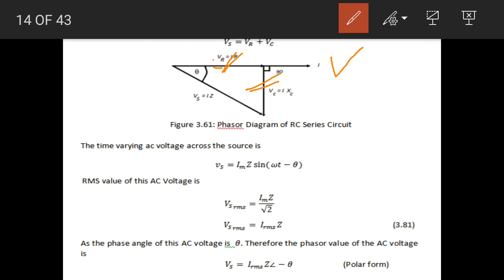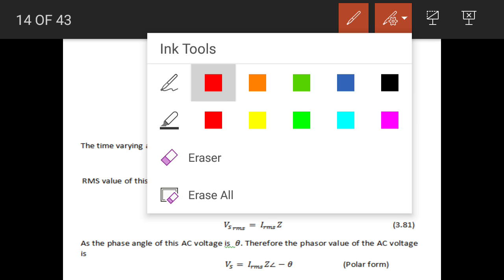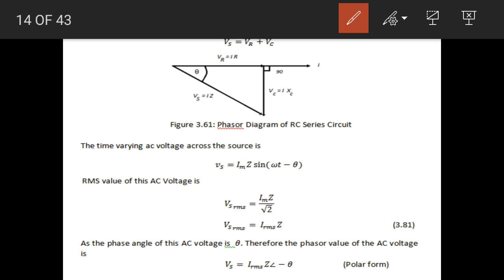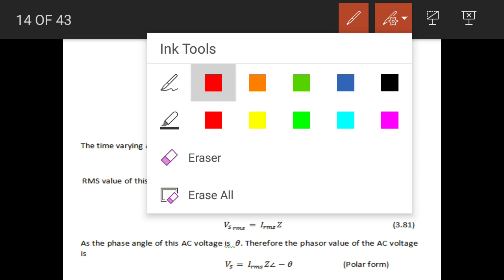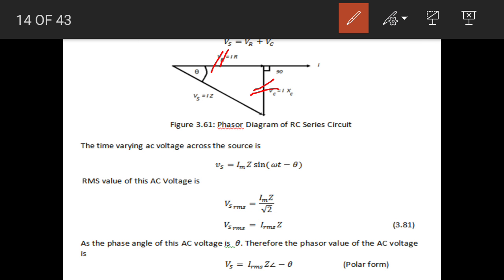We consider the phasor sum of the voltage across the resistor and the voltage across the capacitor, and this phasor sum results in the phasor for the source voltage.